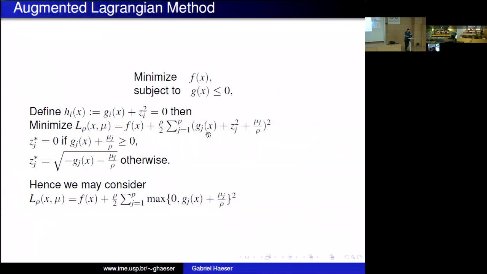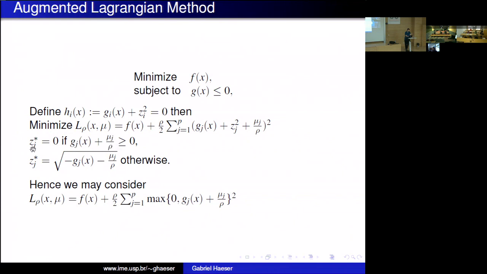Note that if this term, g of x plus mu over rho, is non-negative, if you take a positive z, you will get a greater value here at this square. It's a positive term plus a positive term. You get squared everything. This will be larger than if I take this 0. So the solution should be that this z is 0 when this holds.